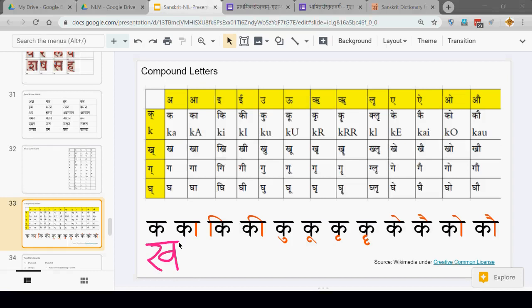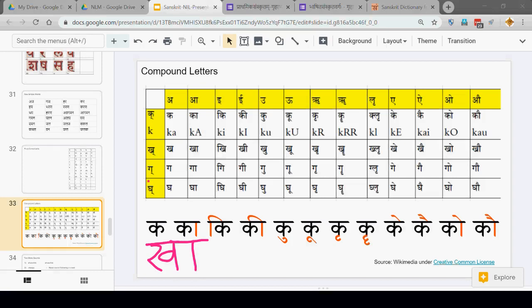That sounds k. And if you add the vowel a, it sounds ka. And we add a vertical line after that symbol in Devanagari.